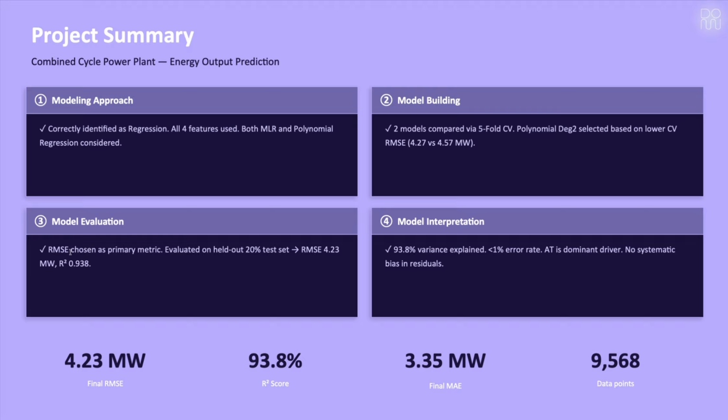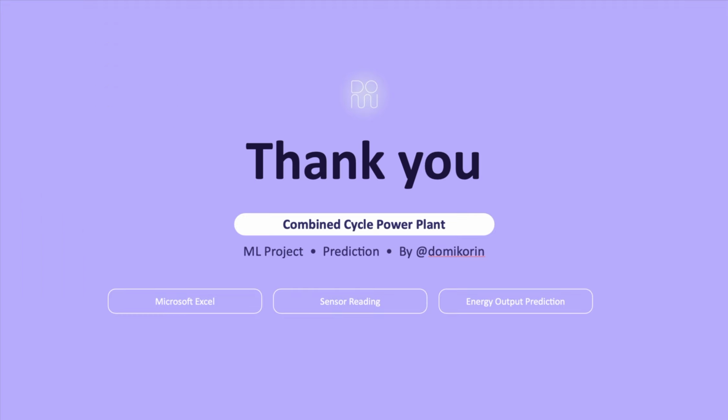The model evaluation, RMSE also chosen as the primary metric and evaluated on the held-out 20% test set. And the model interpretation, we have 93.8% variance explained with a minor-than-1% error rate. The temperature was a dominant driver and there was no systematic bias in residuals.